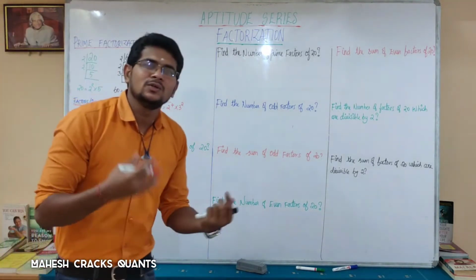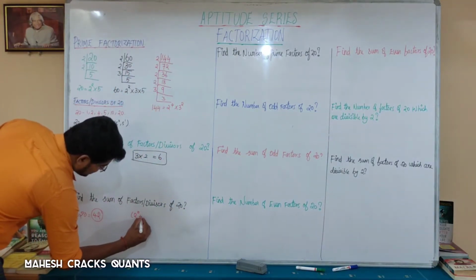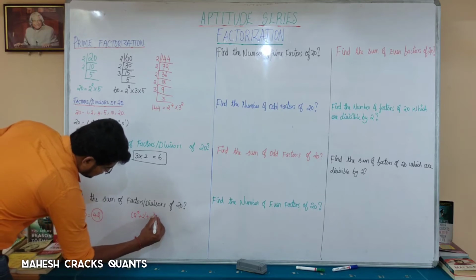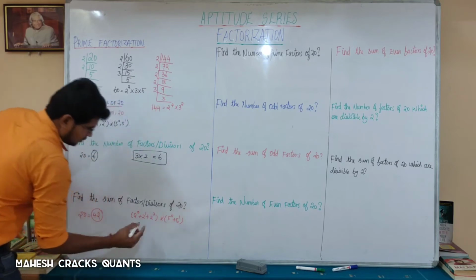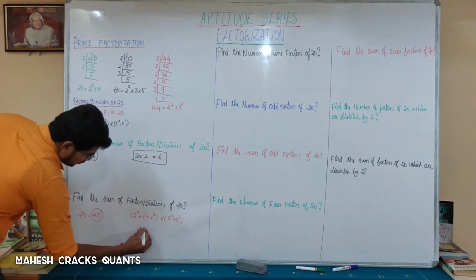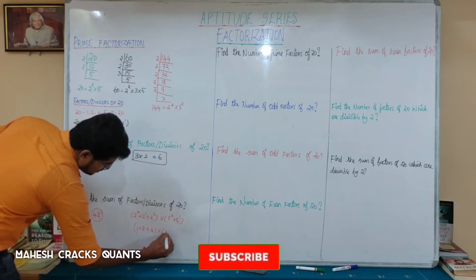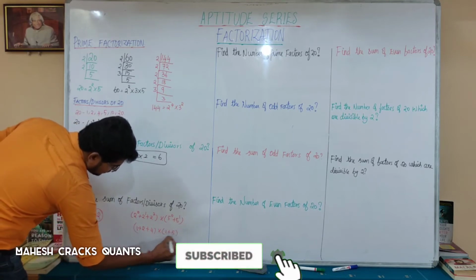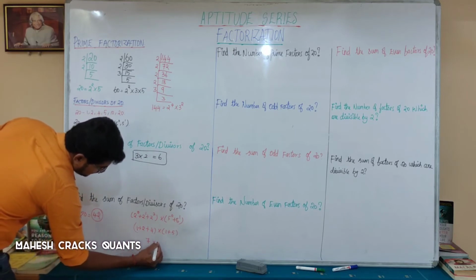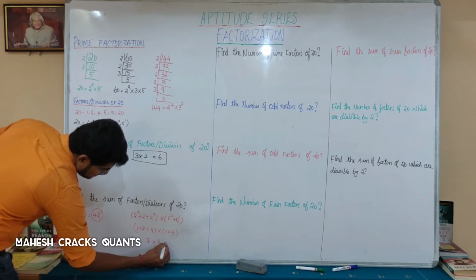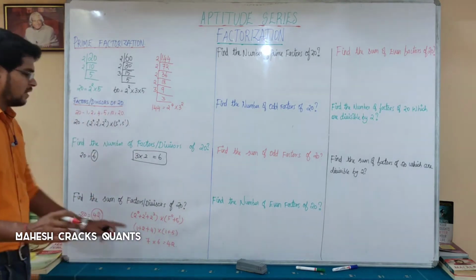Sum means you have to add all these values. 2 power 0 plus 2 power 1 plus 2 power 2, into 5 power 0 plus 5 power 1. So 2 power 0 is 1, 2 power 1 is 2 and 2 power 2 is 4, into 5 power 0 is 1, 5 power 1 is 5. So 1 plus 2 plus 4 is 7, into 1 plus 5 is 6. So 42. Done. The same value will come.